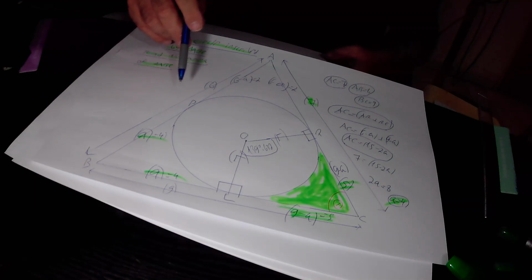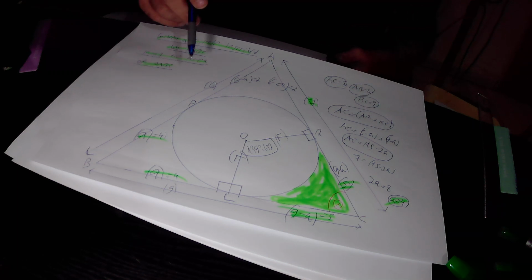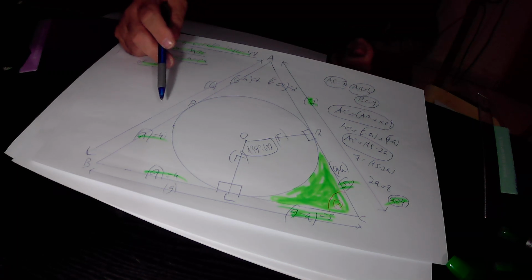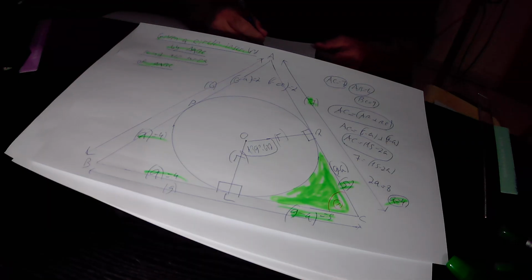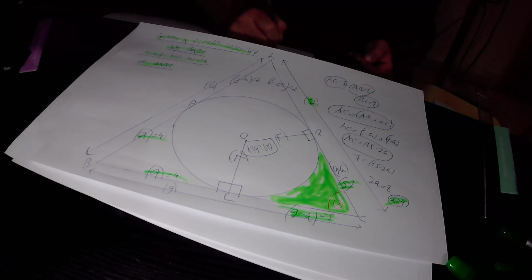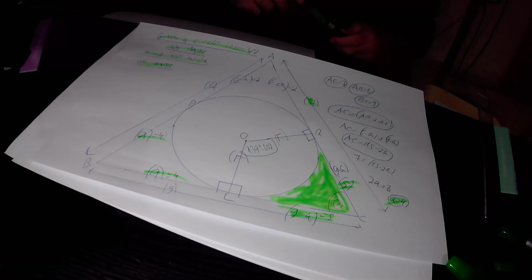So the semi-perimeter of this triangle ABC equals the perimeter over 2.